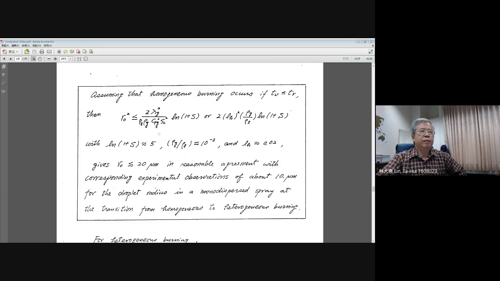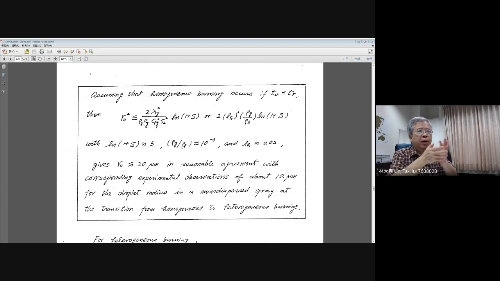Using this formula to simplify our results, if the droplet size is small enough, smaller than 20 micron, then you will assume the back burning only has gaseous burning without any droplet existing in the premixed flame region, the chemical reaction region.